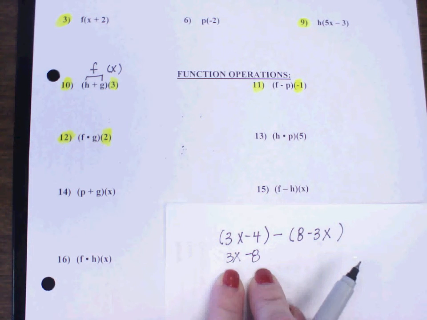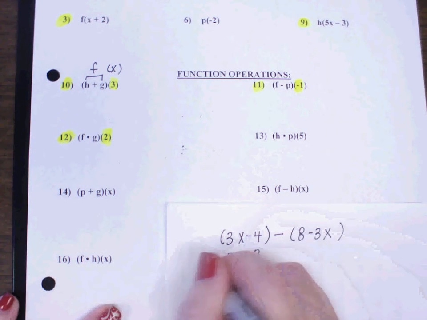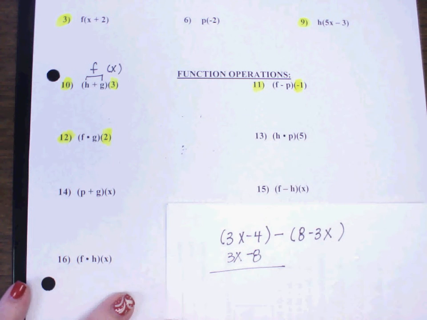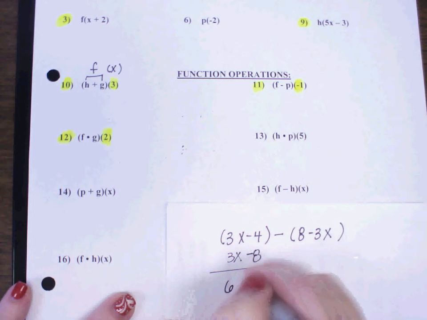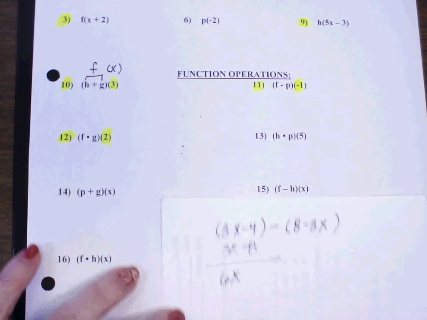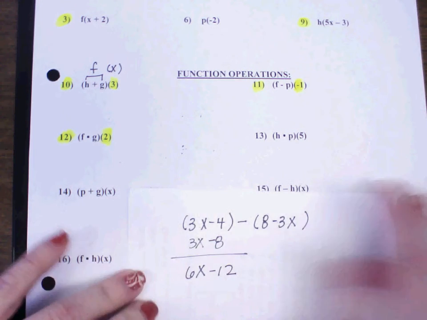So I line them up like decimals, right? X's with X's and numbers with numbers. All right, so what is 3x and 3x? Thank you. And what is negative 4 and negative 8? Negative 12. Very good. So f minus h of x is 6x minus 12.